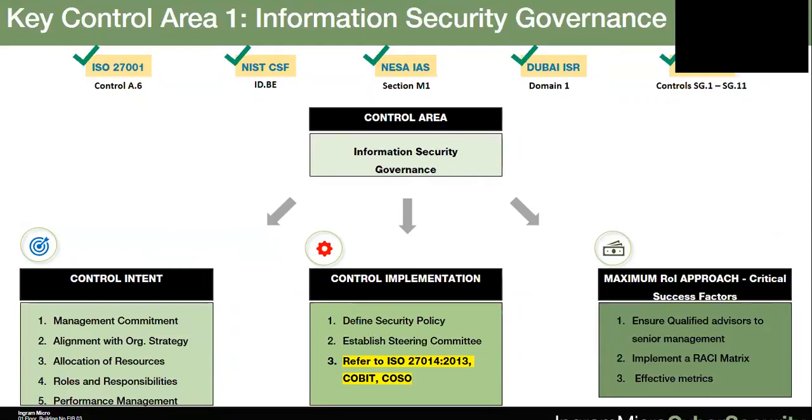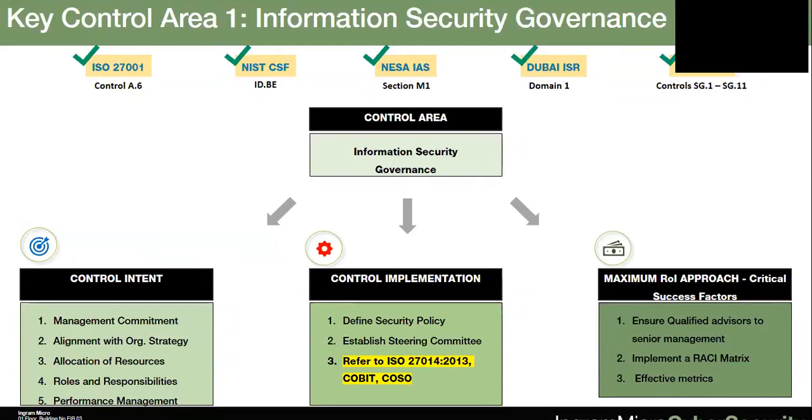This is important to ensure there isn't a lack of security governance. We need to make sure that our governance model is aligned with our business strategy and business objectives, and we need a balance between different domains in the organization.